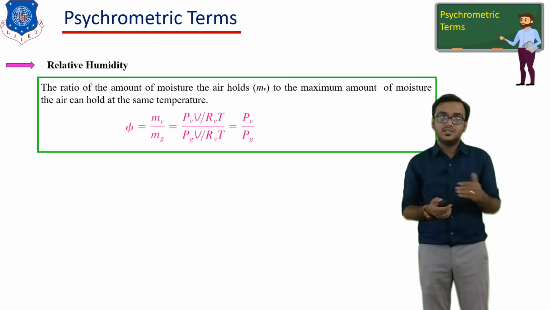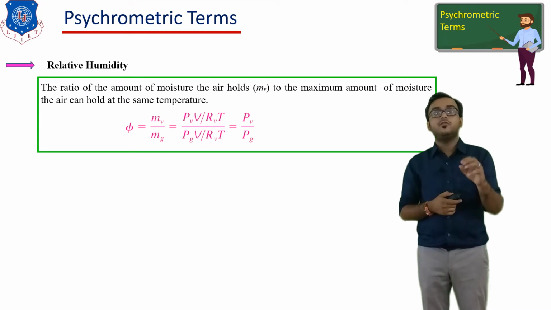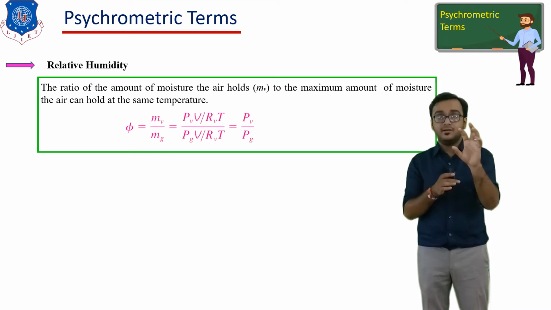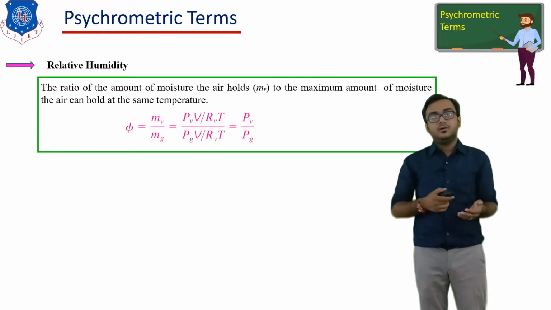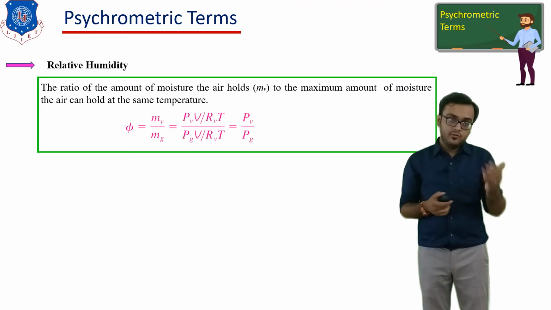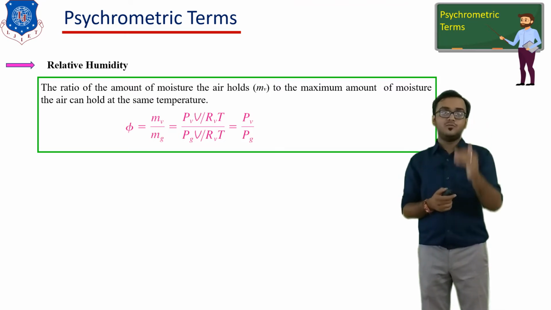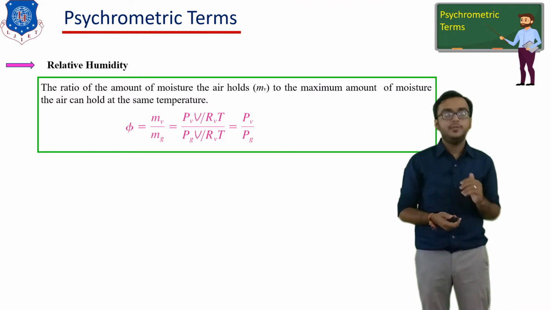So at present we have a humidity of 5 gram per kg and the maximum is 10. So 5 divided by 10 will give us the value of relative humidity. Relative humidity is with respect to the maximum amount of moisture that air can handle. So that is all about relative humidity.